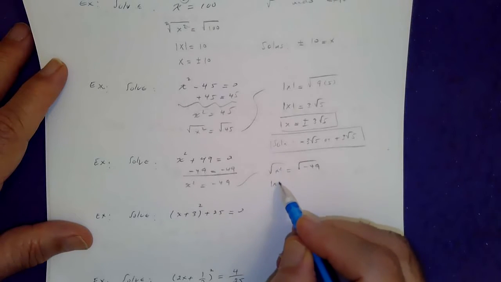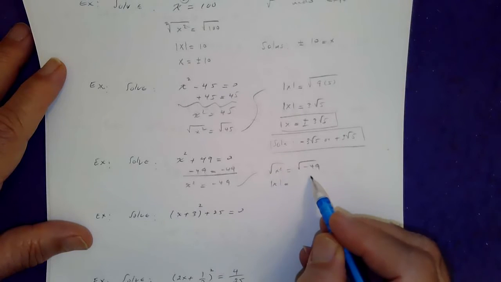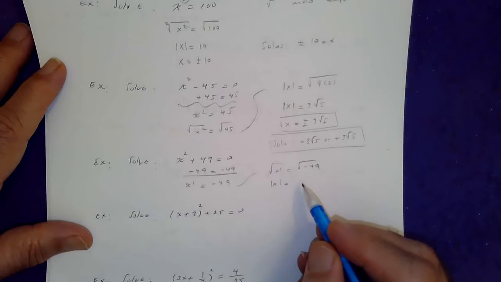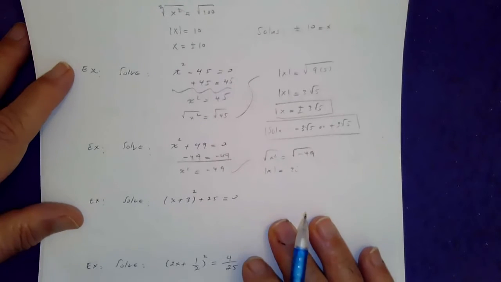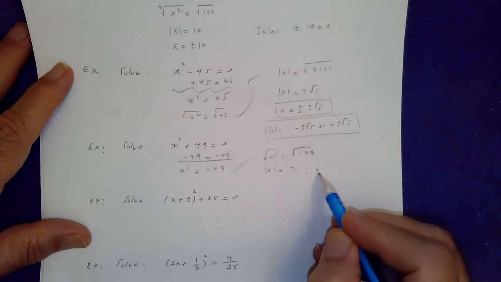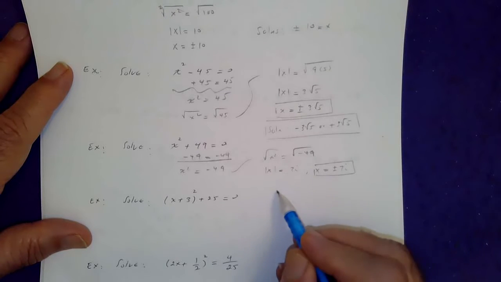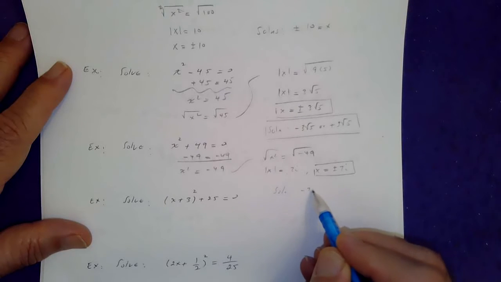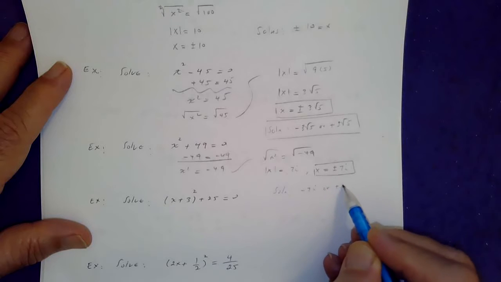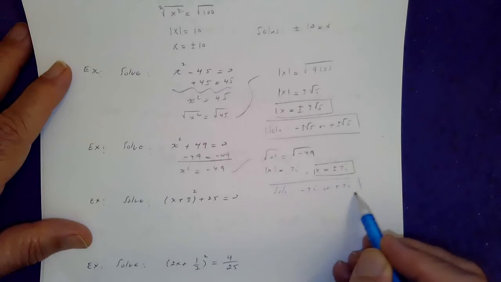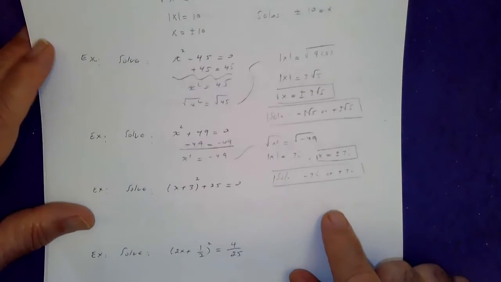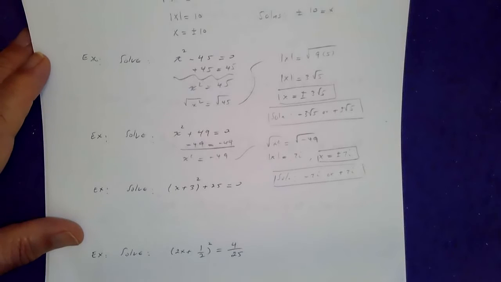So the left side is absolute value of x, but the right side is not 7, nor is it negative 7, it is 7i. So now I drop the bars, attach plus or minus to the right side, so the solutions are either negative 7i or positive 7i. So expect in this chapter to get complex roots as well.